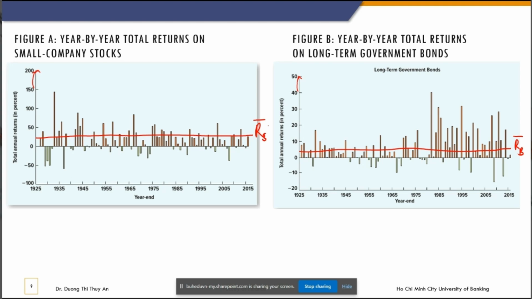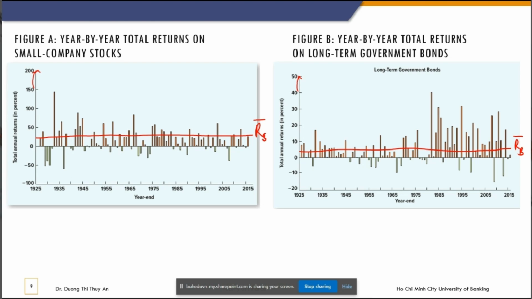Now we know small company stock is more volatile than long-term government bonds, but what does more volatile mean? This is the average return. Some year, the return of that year can be here, or even there. So it fluctuates, and the average return is over here.